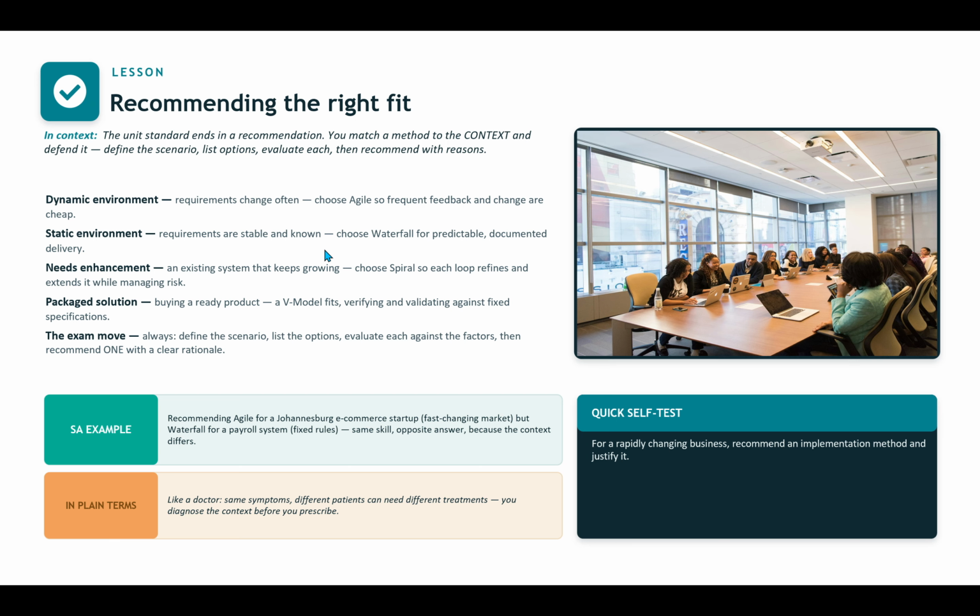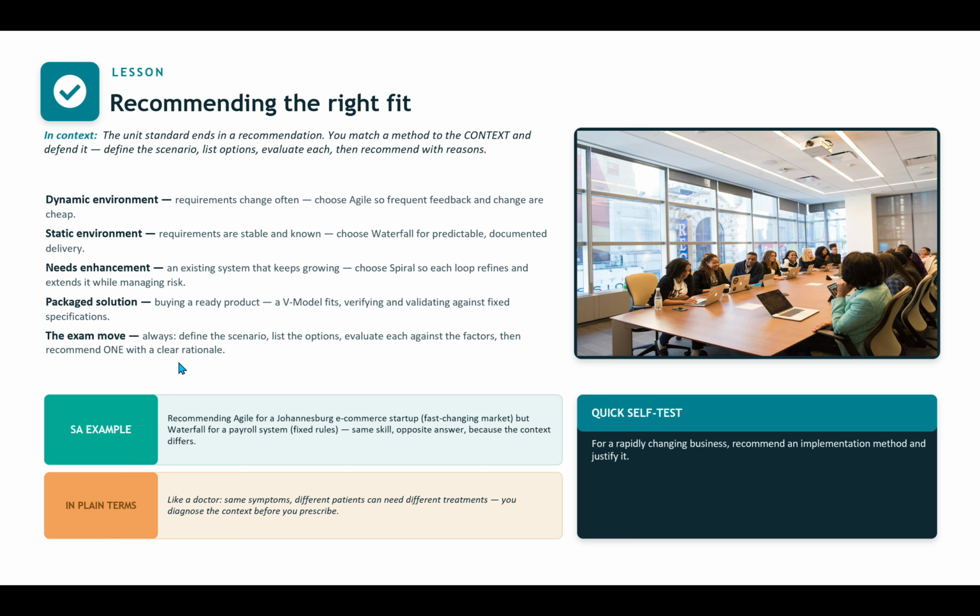So instead of just having to go for Big Bang and so forth, you literally have a method called spiral, where you have a change that is done, and then the lessons learned from that change actually feed into the next until you are done with your project. We also have what is called packaged solution, which is buying a ready product, and here a V model actually fits best, which is verifying and validating against fixed specifications.